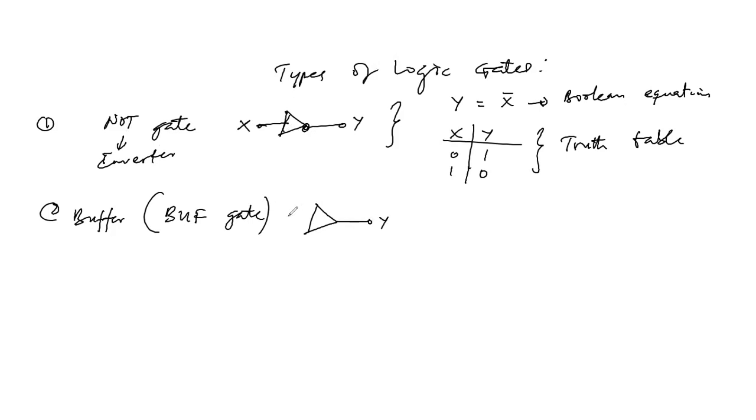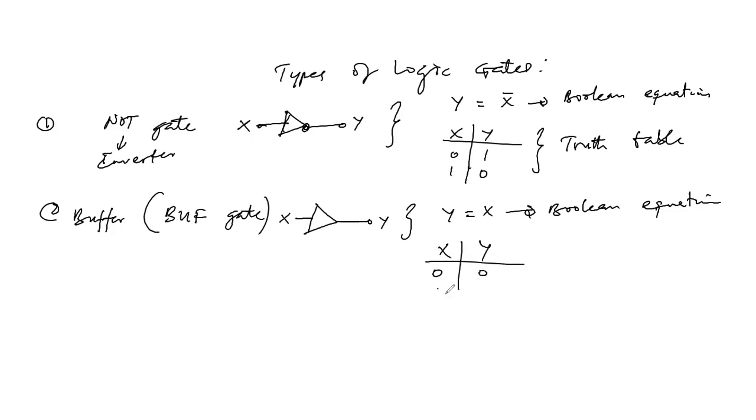So what we have as the input is what we get at the output. So Y is the same as X, is the Boolean equation. Given 0, we have 0, given 1, we have 1. This is the truth table. So the buffer is more like a wire, right?